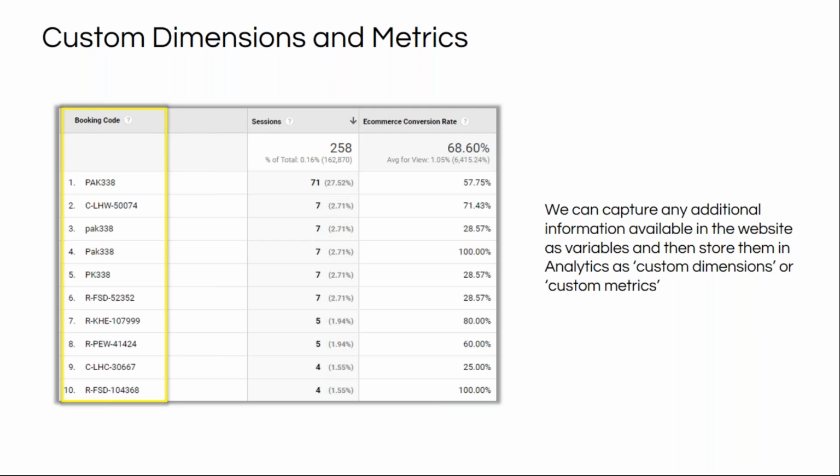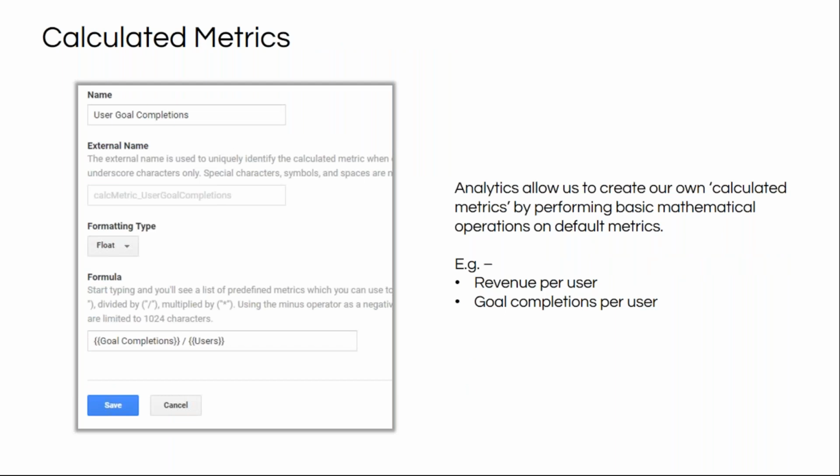The custom dimension would be, as you can see, the booking code, and it will record available booking codes. So this is not something that comes by default. This is customer specific, website specific. So we can do implementations such as this one, so that it will help when we are analyzing our data.